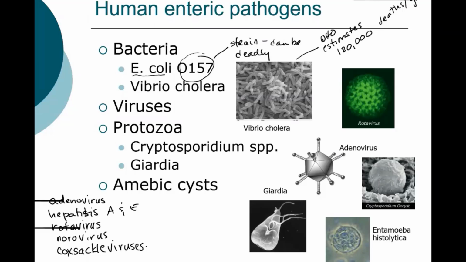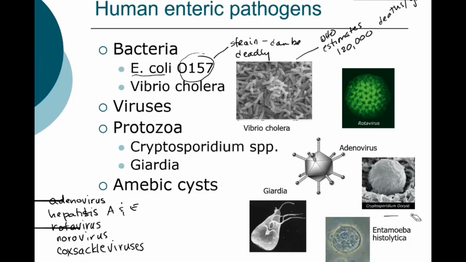In 1993, in Milwaukee, Wisconsin, there was a major storm event, a process upset, resulting in the distribution of water that contained Cryptosporidium oocysts. And this is the oocyst right here. It's an extremely stable state of the organism. It resulted in approximately 100 deaths and over 100,000 people became sick.